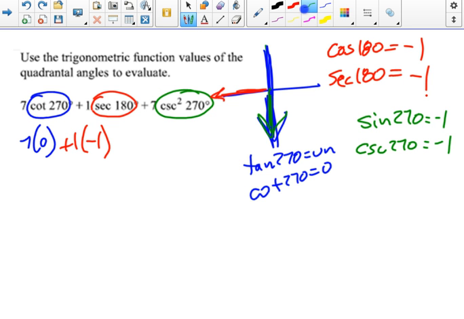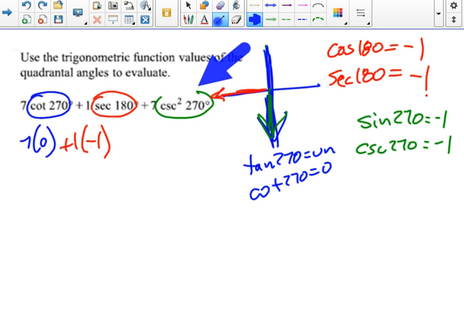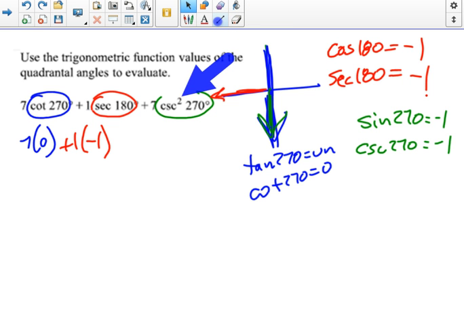This 2 now, comes something new. This 2 that you see here, this 2 that I'm using the giant arrow to point at, what that is telling you is to square whatever you get when you take the cosecant.